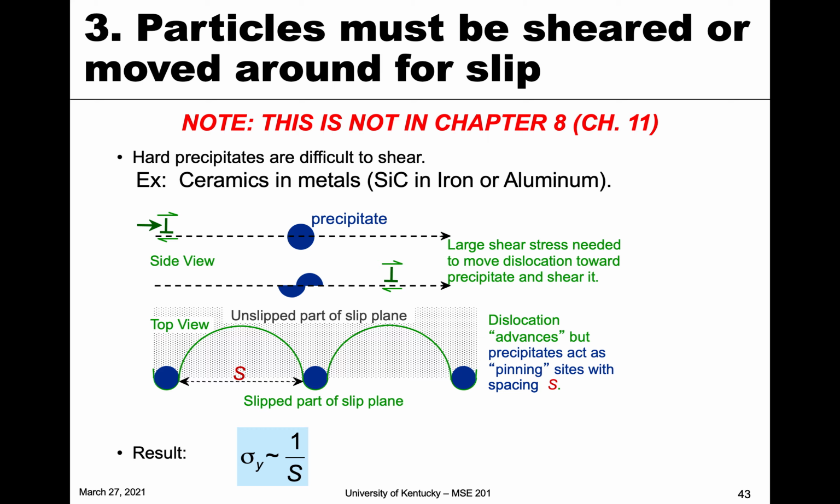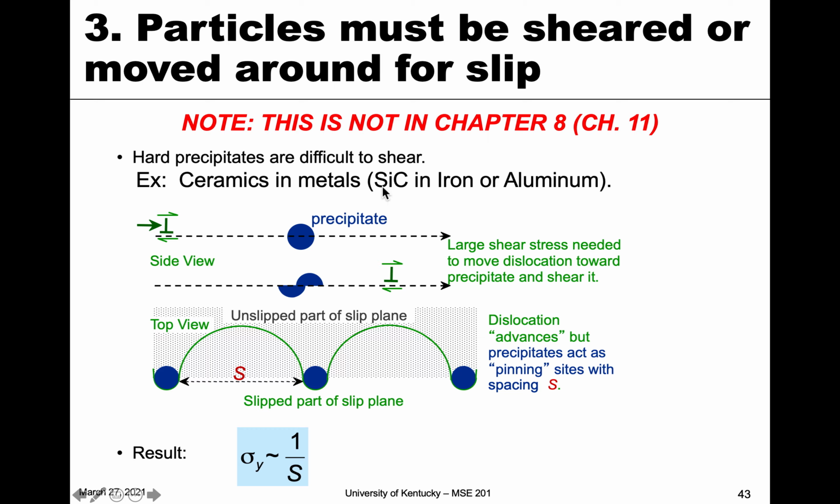This is a schematic showing how these precipitates in an aluminum alloy, or carbon, or in iron as well, can strengthen it. The first thing to note is that these precipitates tend to be ceramics, or hard precipitates.